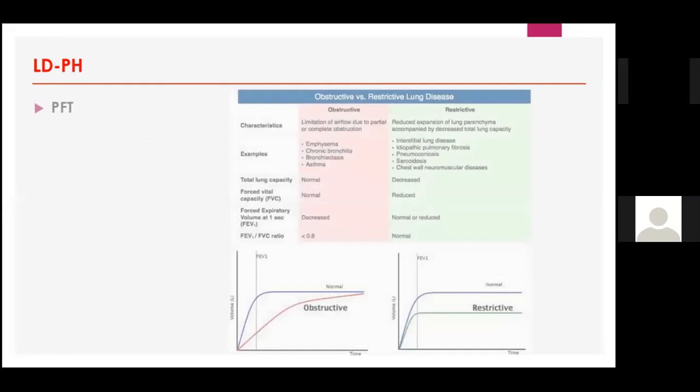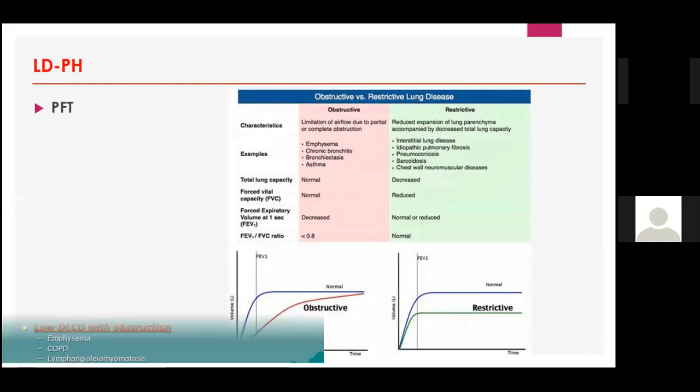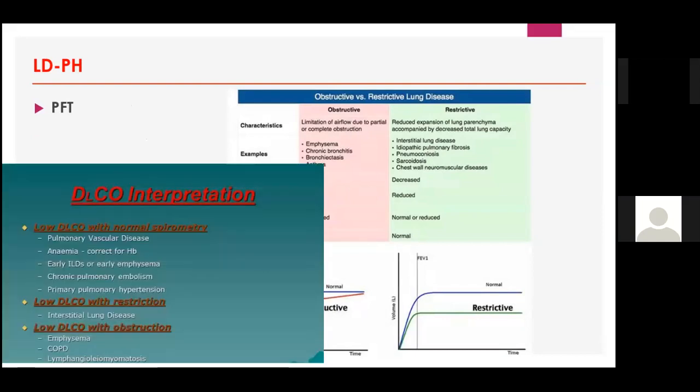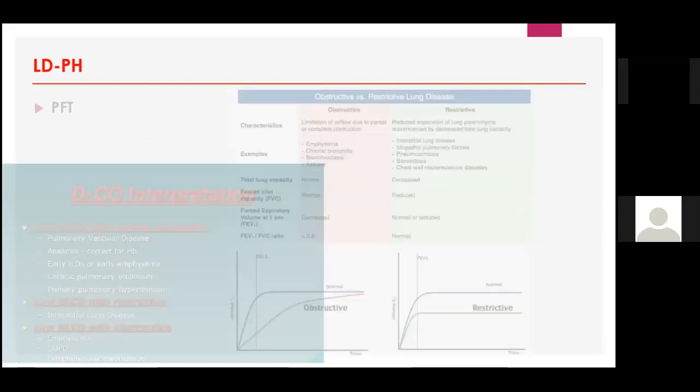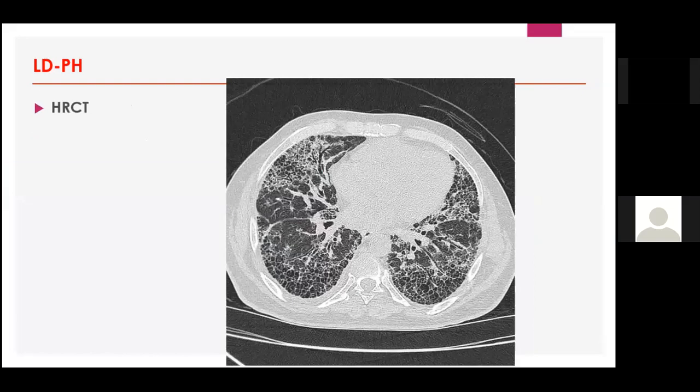Pulmonary function test is important to differentiate between obstructive and restrictive lung disease, in association with the diffusion lung capacity. And of course, high resolution CT to detect the ground glass appearance in cases of interstitial lung disease, and to detect COVID as well if the patient presents these days.